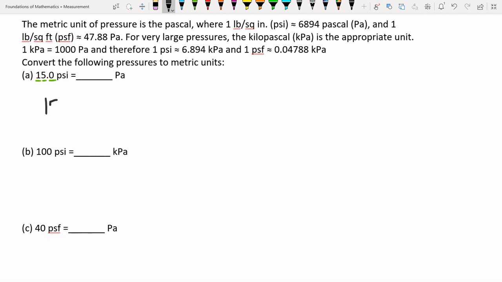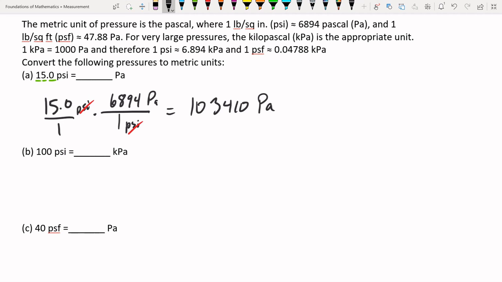Okay, we have 15.0 psi times, let's see, 1 psi is approximately 6894 pascals. 6894 pascals, and that's what we want. And of course the psi cancel, giving us 103410 pascals. And we're rounding to 3 significant figures.